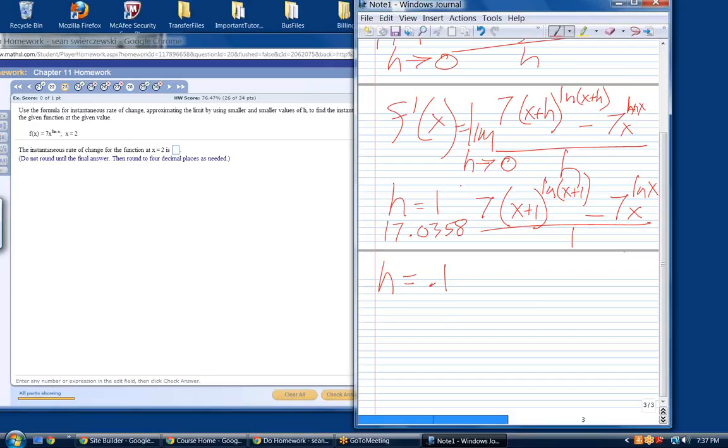So now we're talking about taking the limit of 7 times, I'm going to write 2 in place of x, (2 plus 0.1) raised to the natural log of (2 plus 0.1), minus 7 times 2 raised to the natural log of 2, all divided by 0.1.